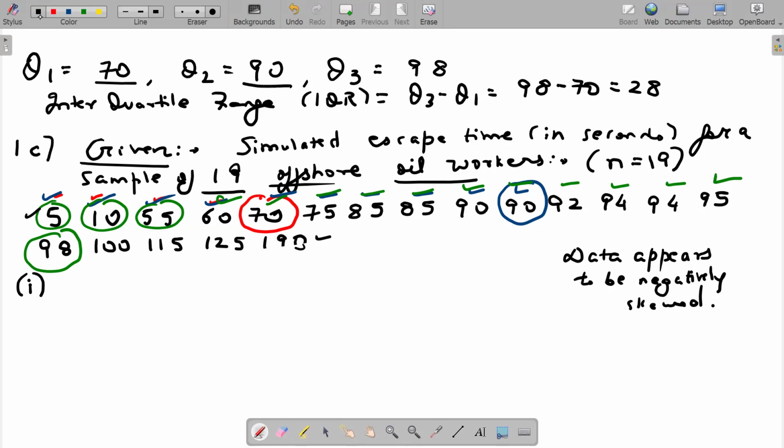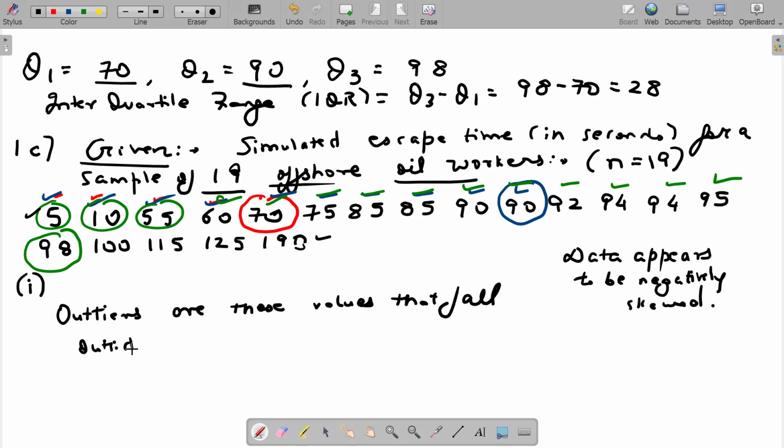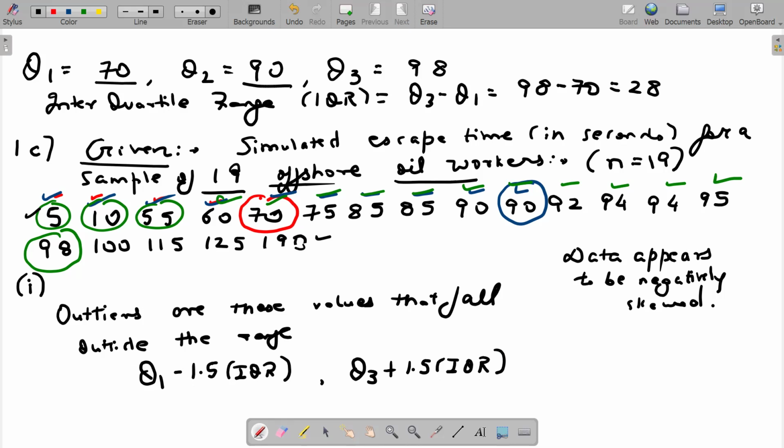Okay, so outliers are those values that fall outside the range given by Q1 minus 1.5 times the interquartile range, which is the lower boundary, and the upper boundary, Q3 plus 1.5 times the interquartile range. So if it falls outside this range, it qualifies as an outlier.